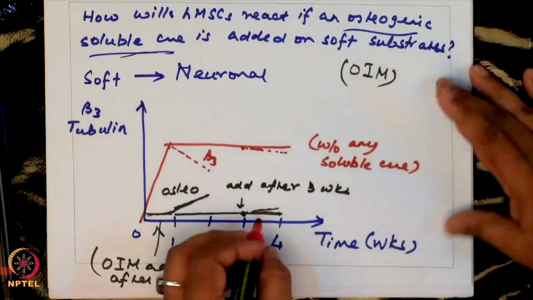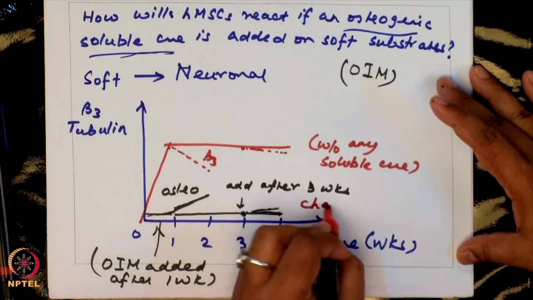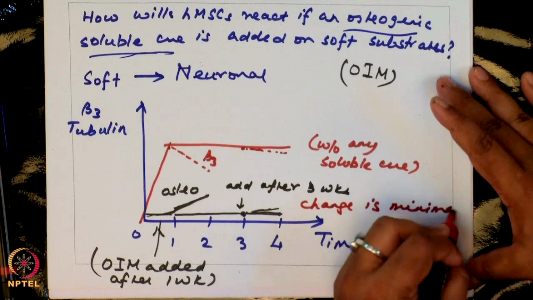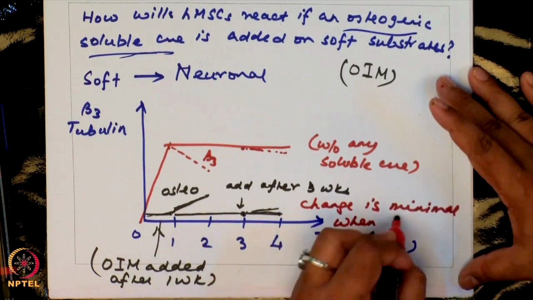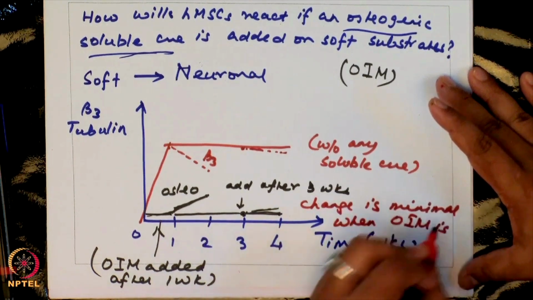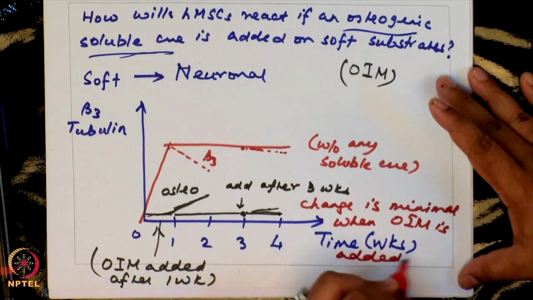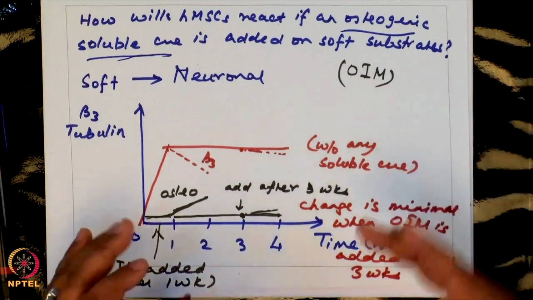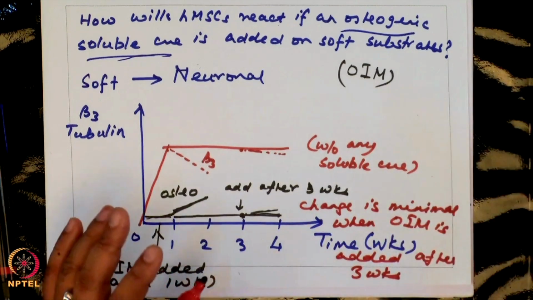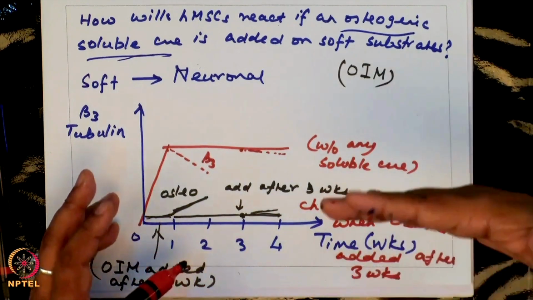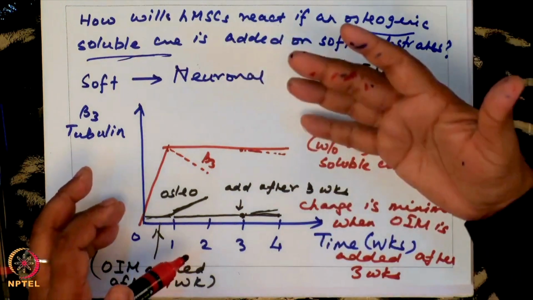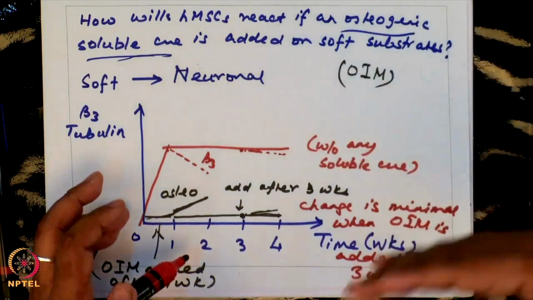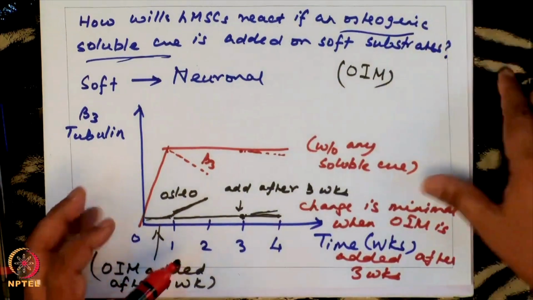So, this change is minimal when OIM is added after 3 weeks. So, this shows that this is a dynamic process. If you mechanically condition the cells for 3 weeks, they are committed enough that an osteo signal is not going to have much of an effect.